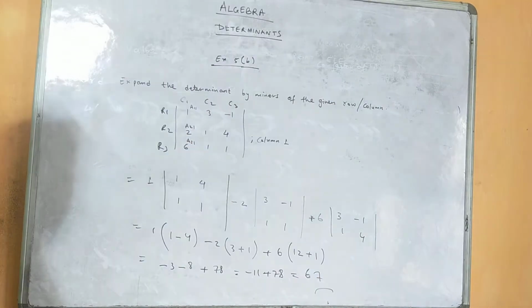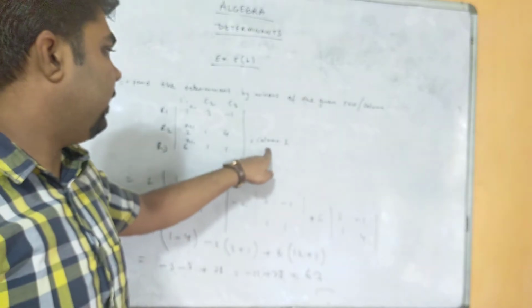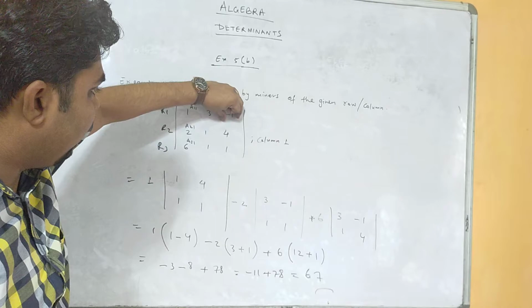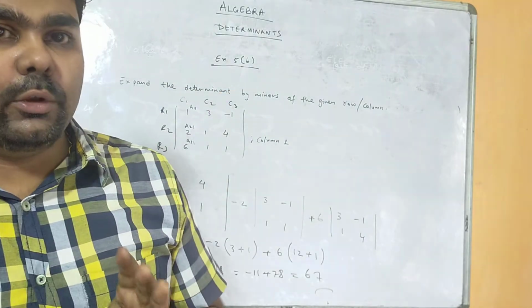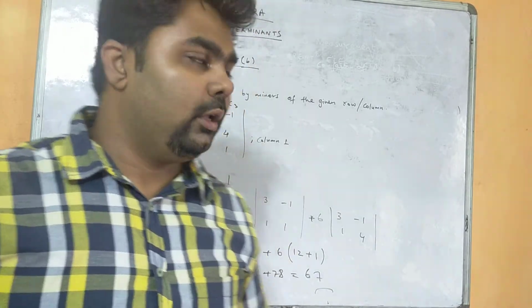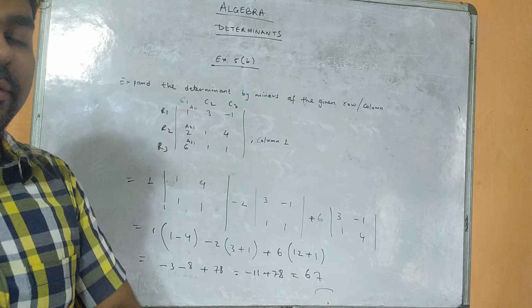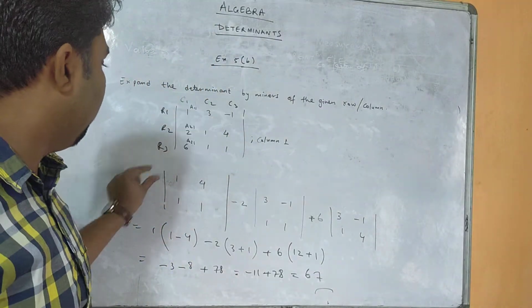Okay. So likewise we can get the value of this determinant by expanding column 3 also. When I take column 3, then I have to take this element and this element. So make sure that when you are evaluating a determinant, you need to write that element, then its minor. But if I say only find the minor of that element, then you don't have to write that value here.